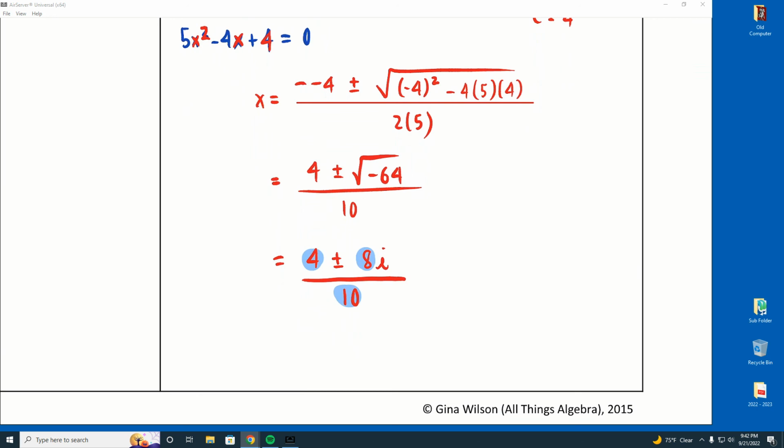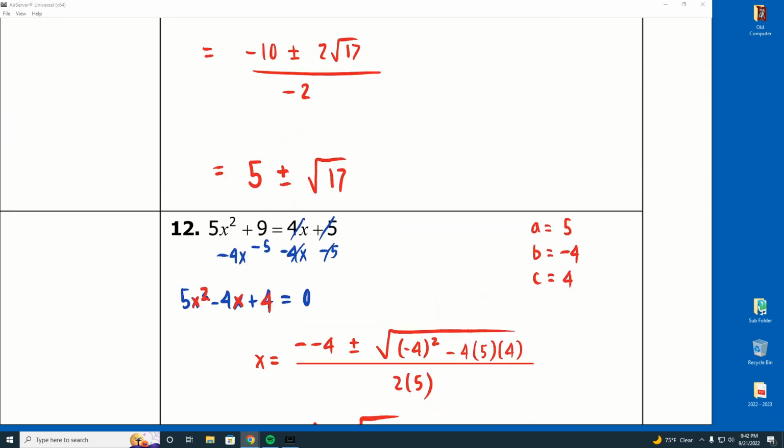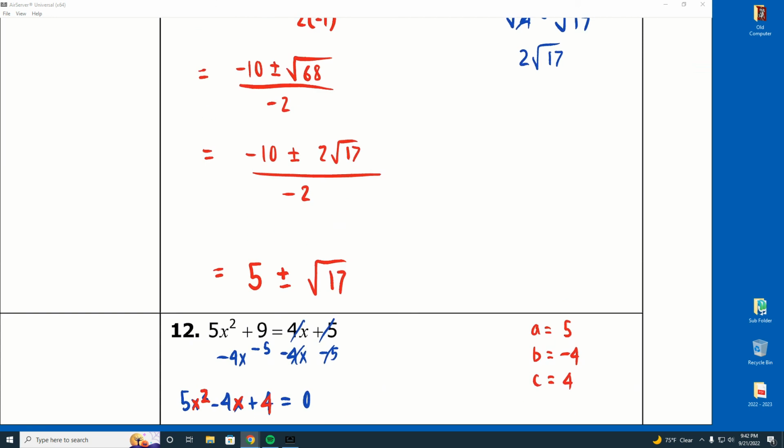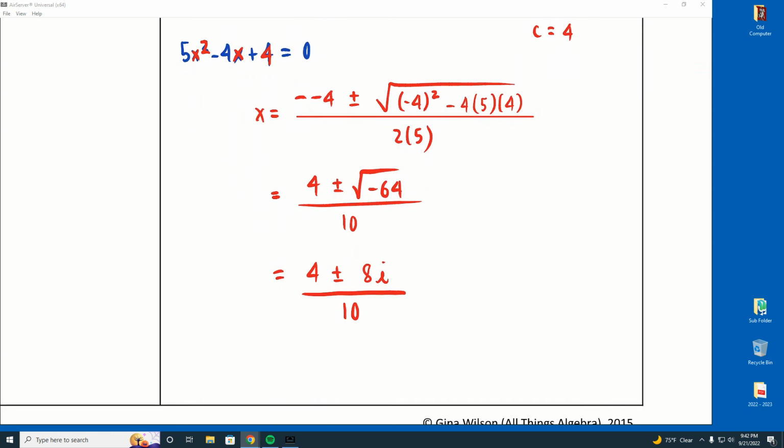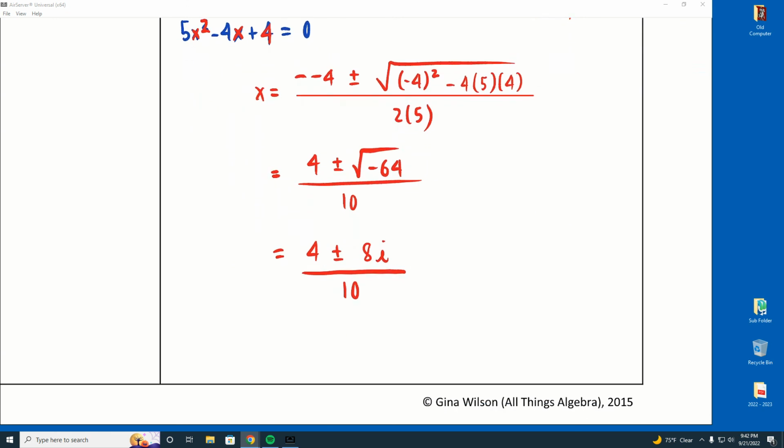Let me explain. I can't divide it like I did the one above it, where negative 10 gets divided by negative 2 and it's a positive 5. I can't divide it like I took the 2 and divided it by 2 and got 1. But because they're all even, I can let them all simplify each other. What do I mean? Well, doesn't 2 go into every one of those? Of course.